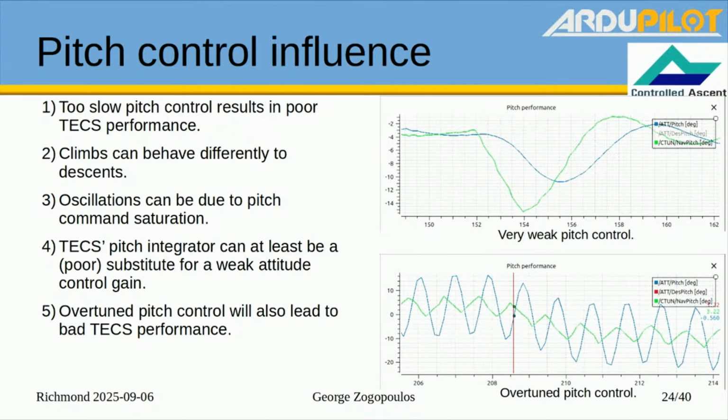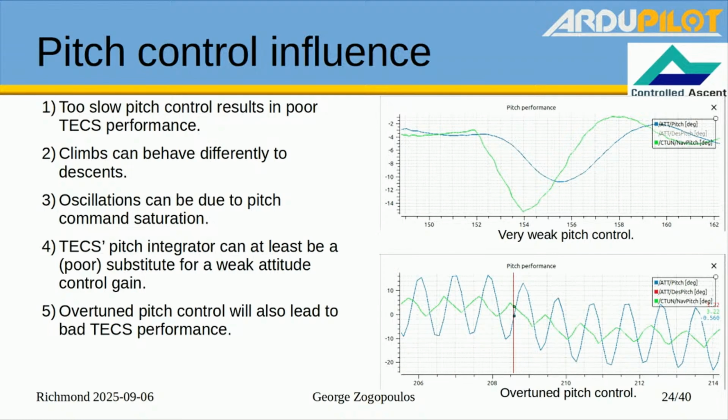It might be loosely tuned, and an example of this is in the top figure, where the green line is the commanded pitch angle and the blue line is the achieved pitch angle. It doesn't reach the commanded angle, and also takes a long time to reach its minimum value. In this case, it takes 2 seconds. And in order to reproduce this, I think I reduced the pitch to servo time constant a lot.